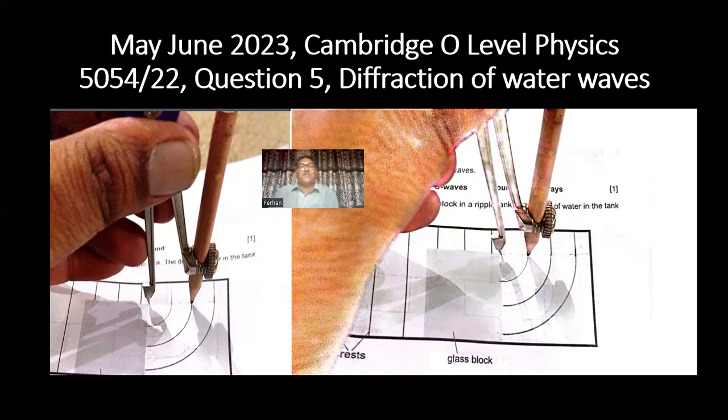Physics 5054. Today we have selected a paper 2, and in this video we are going to attempt a single question from that paper 2. The paper selected is the May-June 2023 paper 2. This paper belongs to zone 2, and we are going to attempt question number 5. This question is related to a new topic added into the Cambridge syllabus, that is diffraction of waves.